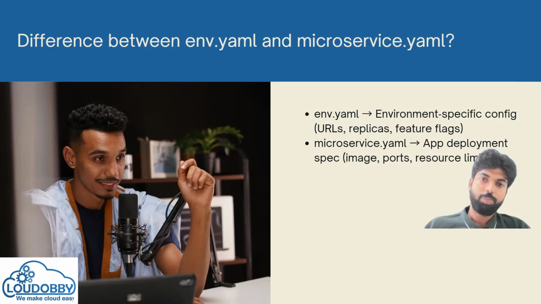So conceptually, there's a values.yaml file which passes the values. It can be called dev.yaml. The microservices.yaml file is nothing but the application deployment file. In Kubernetes, there is something called deployment.yaml, but since we are using Helm, we will replace that Kubernetes deployment file with the Helm related YAML.